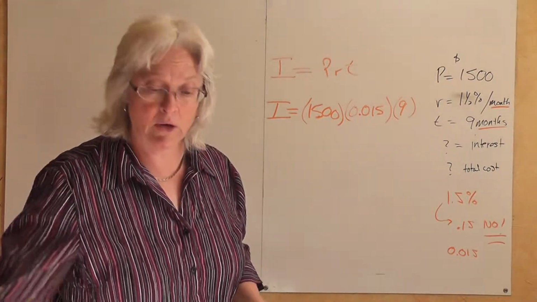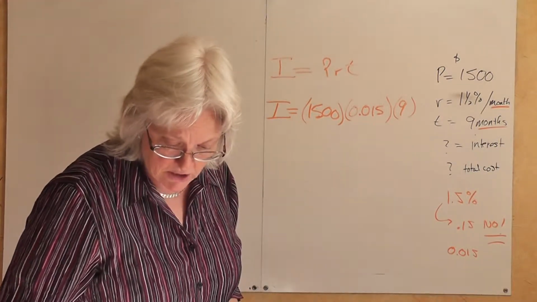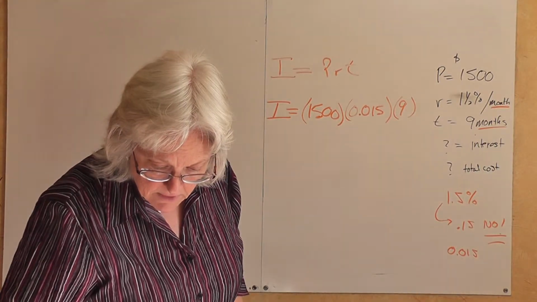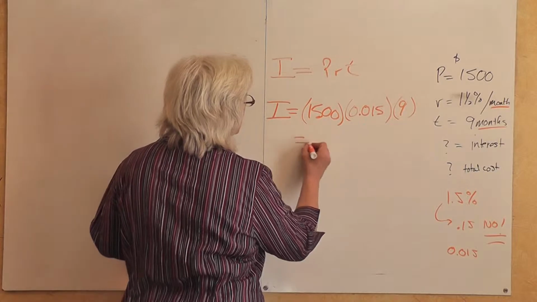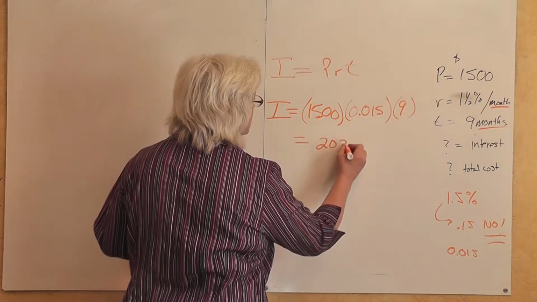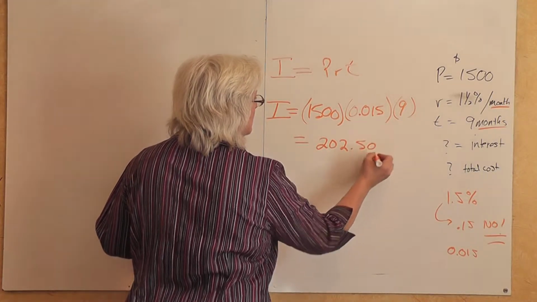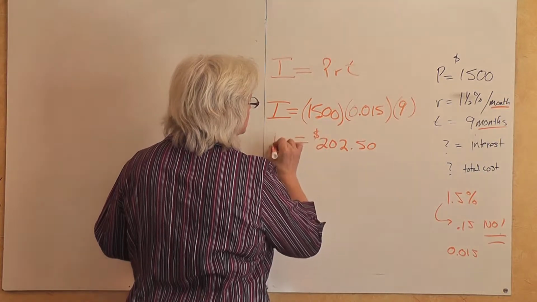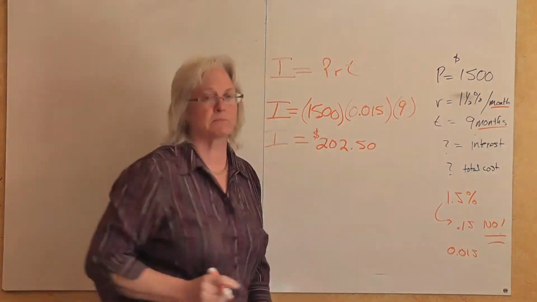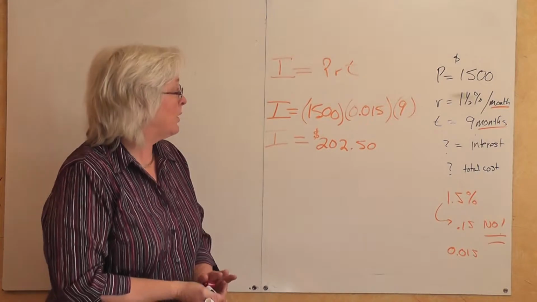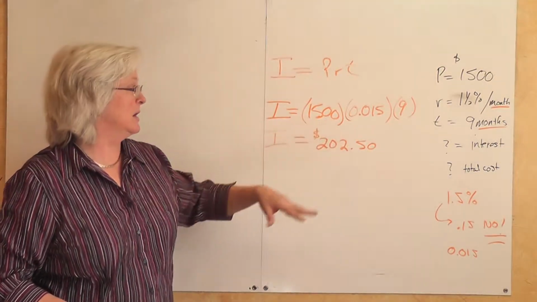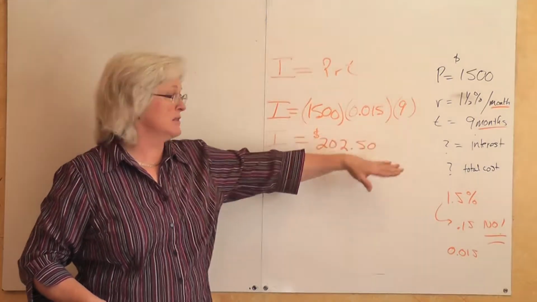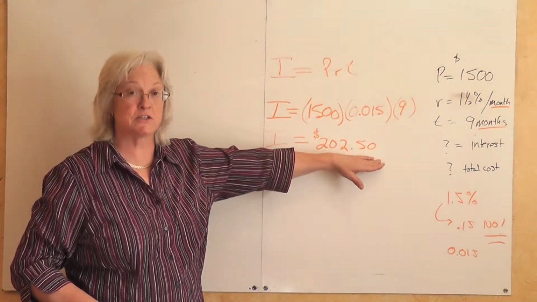And I'm going to go ahead and use my little cheat sheet here. And that answer is going to be $202.50. This is the interest. Now, if we're borrowing $1,500 for 9 months at this interest rate, this is how much extra it costs us.